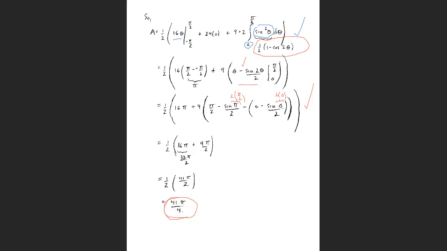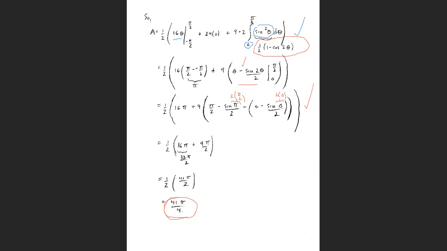Let's see. Nathan asks, is it possible to change the limits to 0 to 2 pi and then divide the integral in half at the end? The problem is, to draw that entire polar curve, I guess you do need to go from 0 to 2 pi.